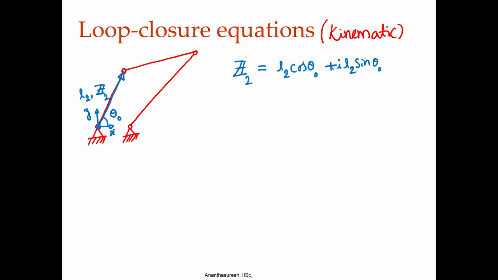There is a nice reason for why we want to use complex numbers, but let us first write all the vectors as complex numbers. So, Z2 we have. Similarly, I can have from here to here Z3. Okay. So, Z3 is basically the complex number that represents the vector indicating the coupler. Between the input and output we have the coupler, that is Z3.